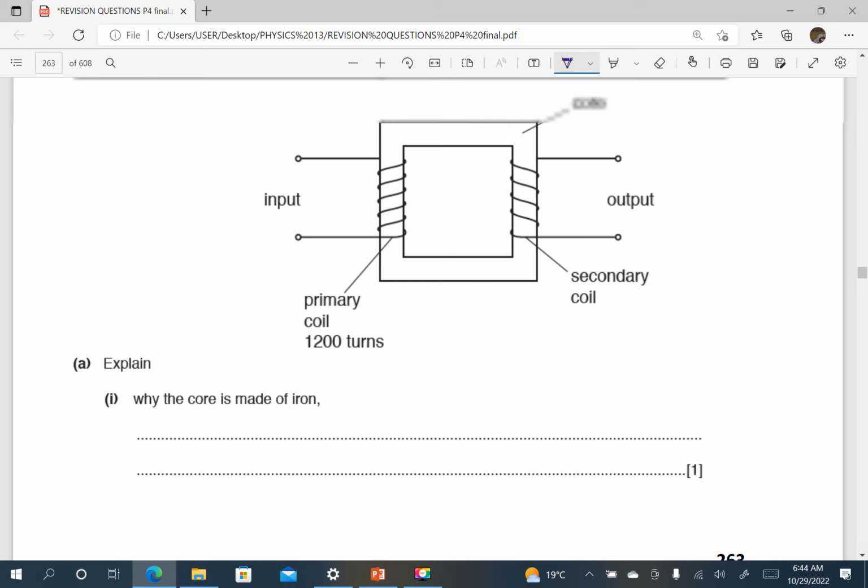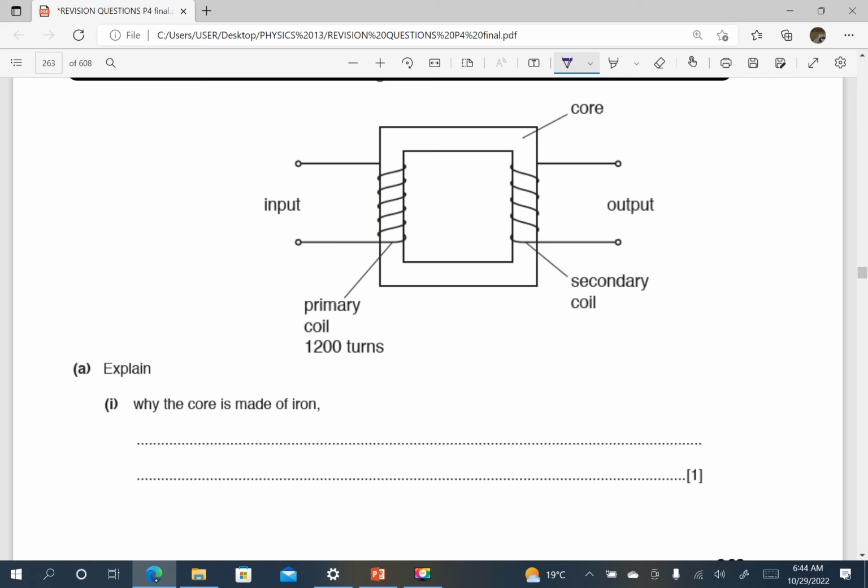So there are two terms I'm talking about here. There is linkage and there is leakage. So the purpose of iron is to increase magnetic flux linkage, or to reduce flux leakage.